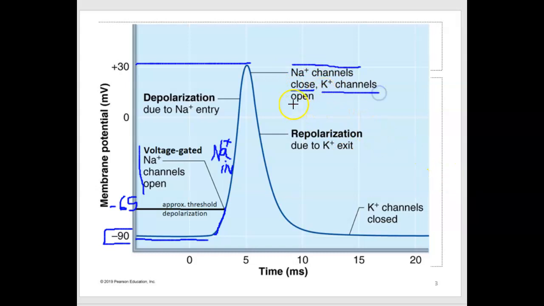Then potassium channels open at the same voltage, and now potassium leaves the muscle cell, and the muscle cell repolarizes in the sense that it becomes more negative. And it drops down to resting, and there is a corrective period where the sodium-potassium pump has to fix the concentration of sodium and potassium in versus out of the cell.